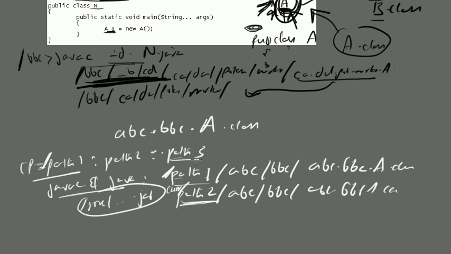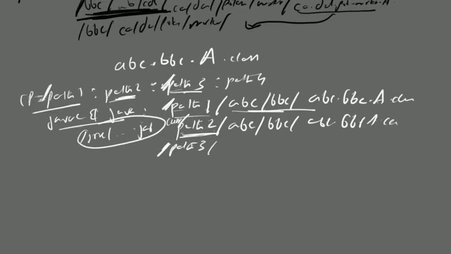Now say path 3 is absolute, and it does the same as here. And if I were to have path 4, which is say a relative one, then it would do current directory slash path 4 slash, again the same.